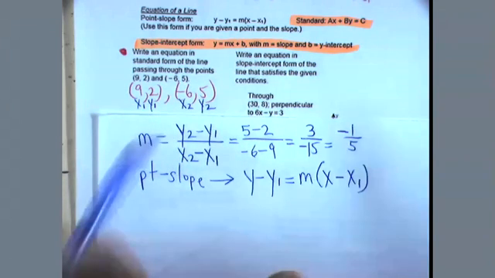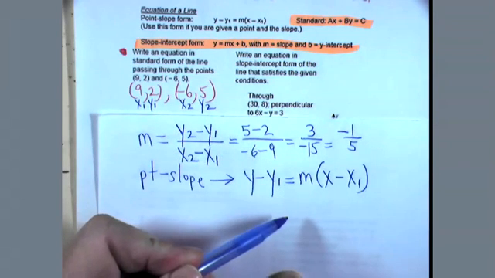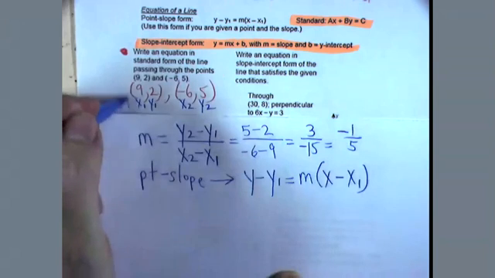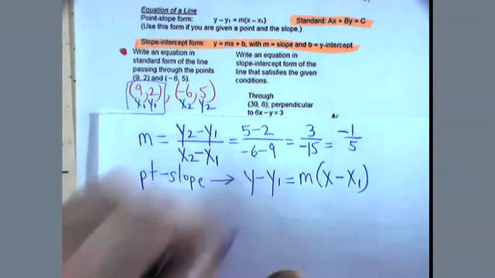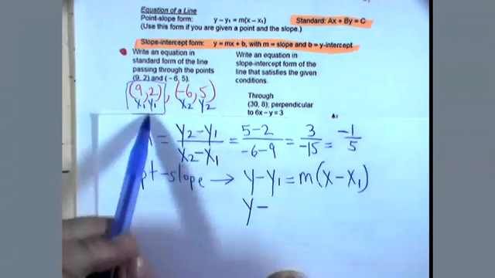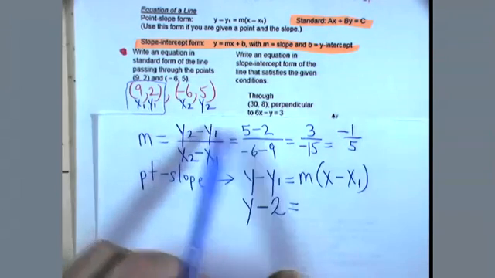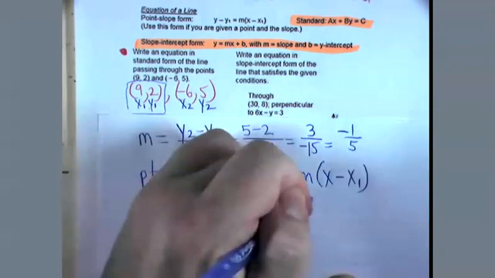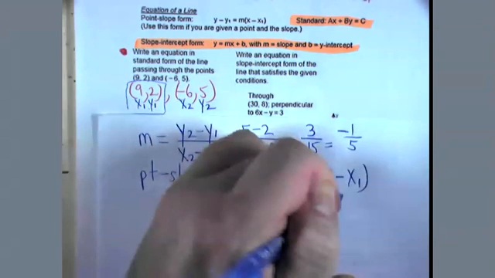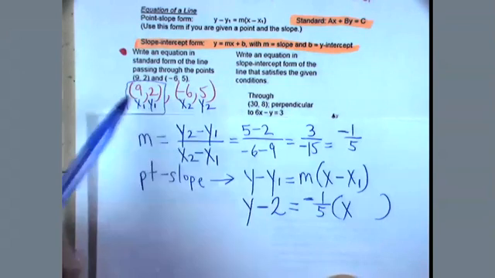Folks, it does not matter which ordered pair you plug into your form, you'll get the same equation. Since I labeled this first ordered pair as x1 and y sub 1, I'll plug those in. So y sub 1 is 2. Our slope, or m, we just found is negative 1 over 5. And our x sub 1 is 9.